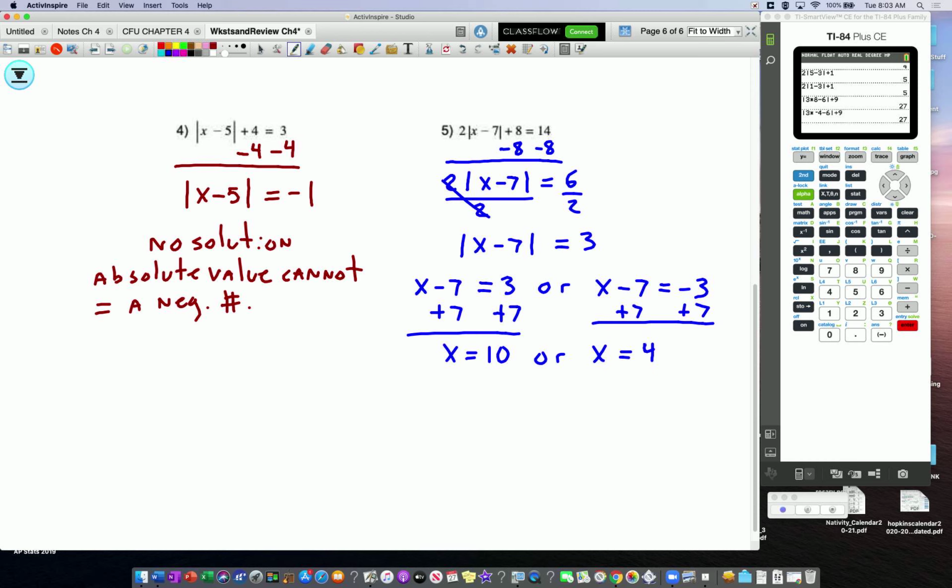Let's check both of those. 2, math, number. The first one I'm plugging in is 10 minus 7. Move it outside, add 8. When I hit enter here, it better equal 14. And it does. Do the second one. Plug in 4, so I'm going 4 minus 7. Move it to the outside, plus 8.